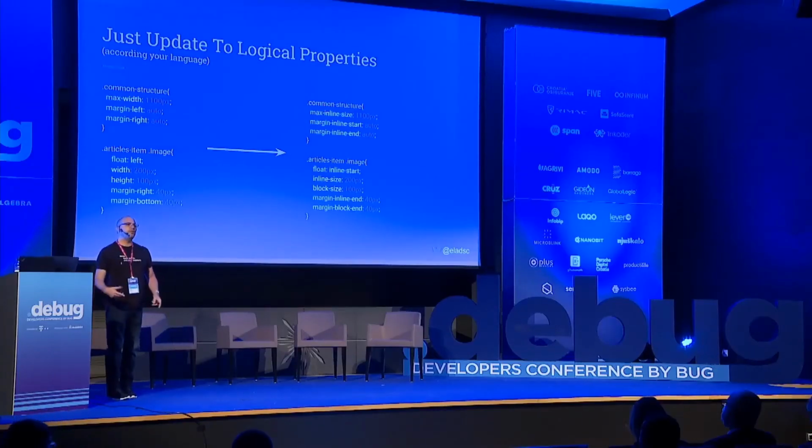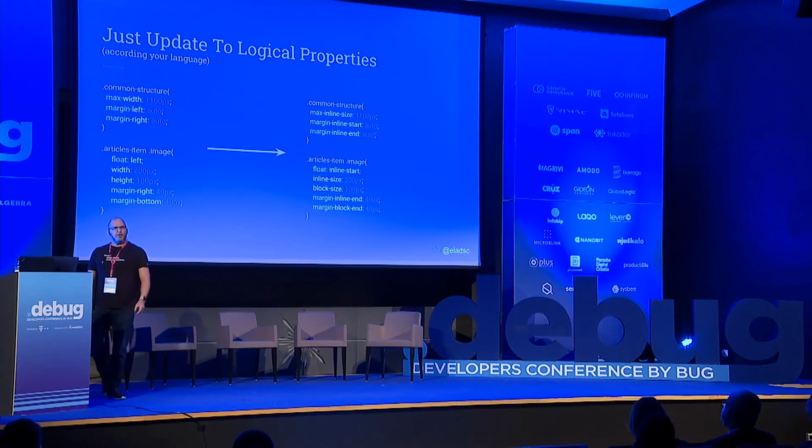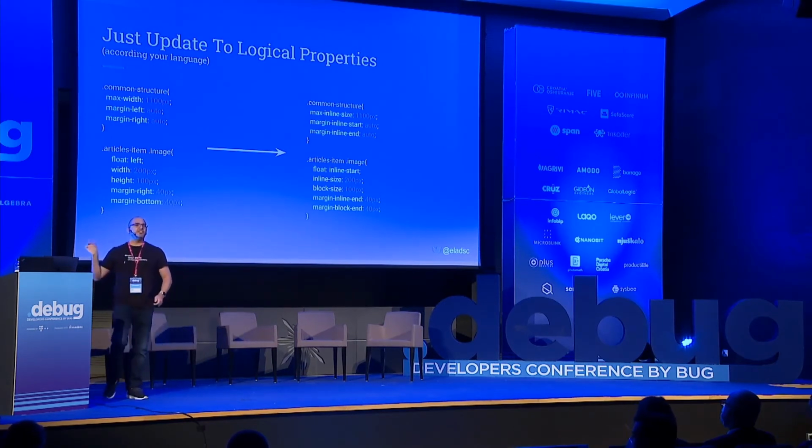Okay, then how can we now support all the other types of languages that we talked about? If you are thinking about that, I already taught you in the beginning of this talk how to control the inline axis and the block axis. And the only thing that you need to do right now is to use one of these properties.